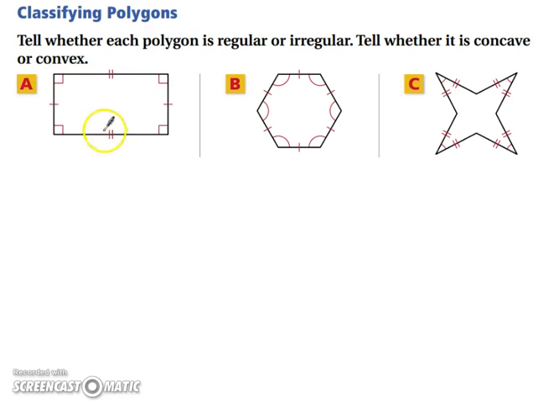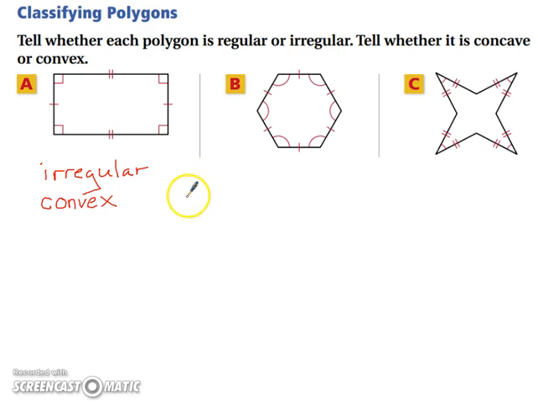However, 2 sets of sides are different. This makes this figure irregular. The second part of this question asked, well, is it concave or convex? There are no diagonals that you can draw in the exterior of this figure, thus making it a convex figure.